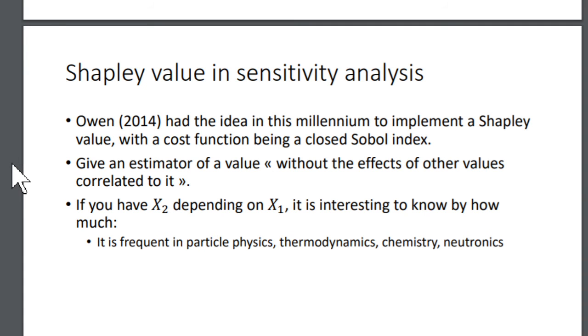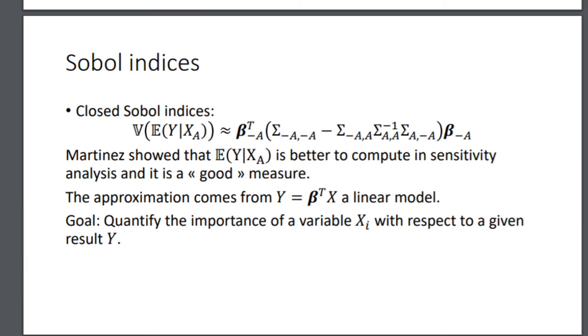closed Sobol index. In particular, one can note that if you have x to be all the inputs, so a being 1 to n, all the inputs, obviously y depends on x. It's obvious if you assume a linear model.